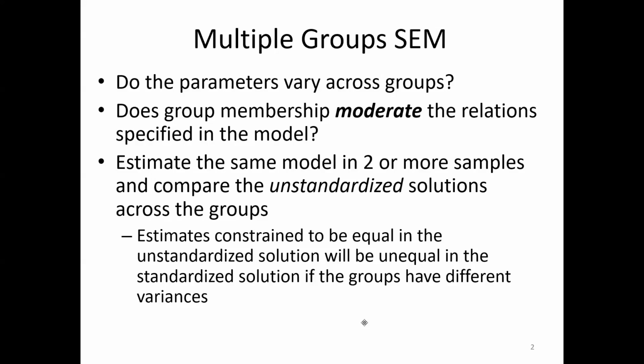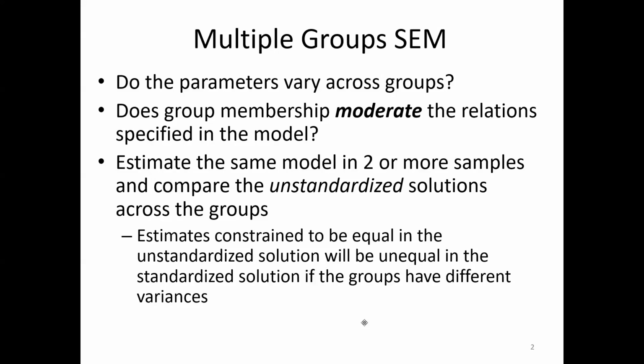But we have to back up a little bit and ask, how do I know that the way that I'm measuring motivation is equally valid in some sense, or functions similarly across my two groups?